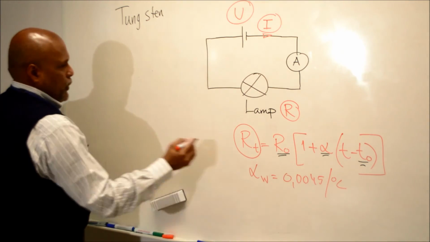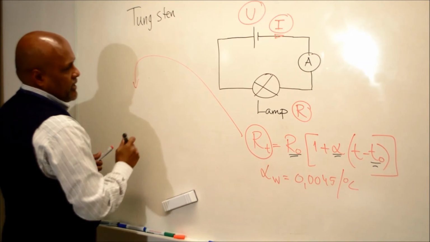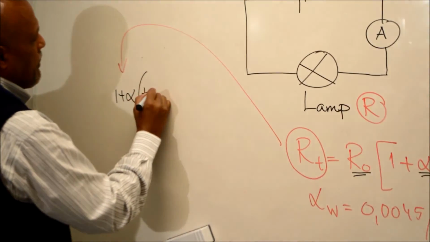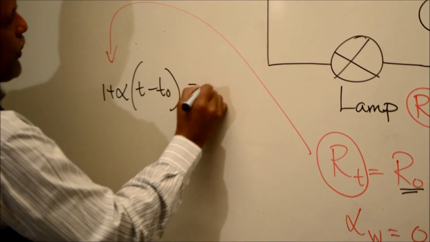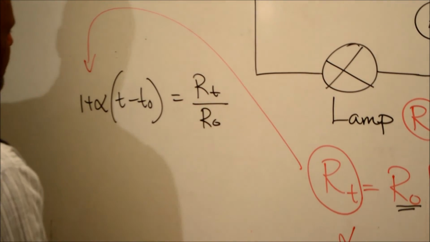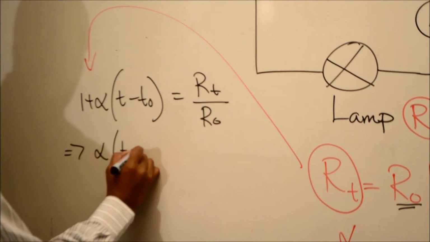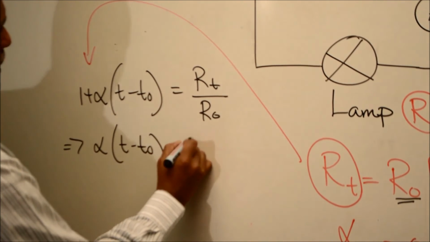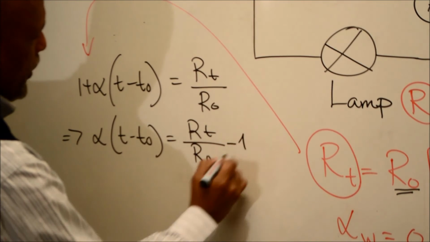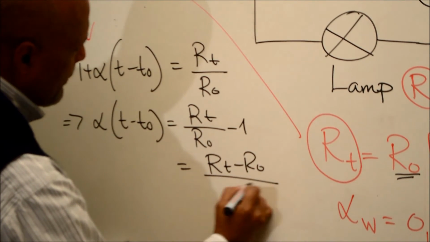Well, when we rewrite that equation, we can write it as 1 plus alpha (T minus T0) is equal to RT divided by R0. Or alpha into (T minus T0) is equal to RT divided by R0 minus 1, or (RT minus R0) divided by R0.